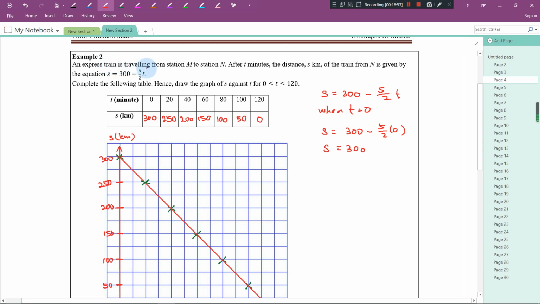So the question tells us that it's traveling from M to N. It's actually getting closer and closer to N, right?